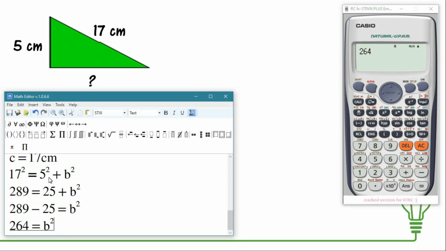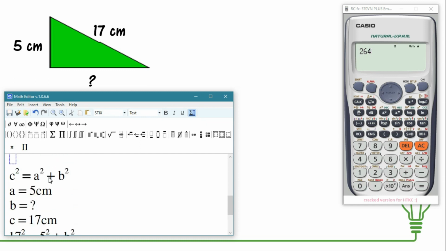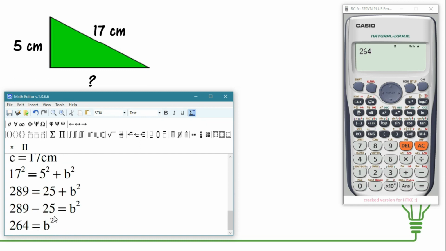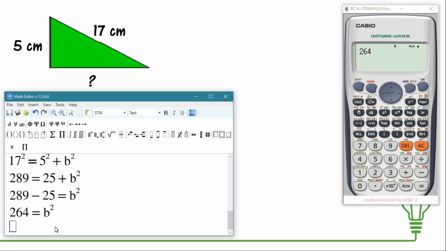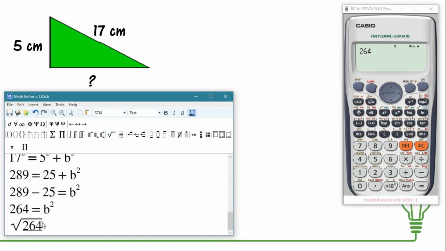Next, ang hinahanap po natin ay B. So, how are we going to eliminate square here? Tulad ng ginawa natin kanina, for us to eliminate the exponent, we are going to extract the root of both sides, making this square root of 264 equals the square root of B squared.